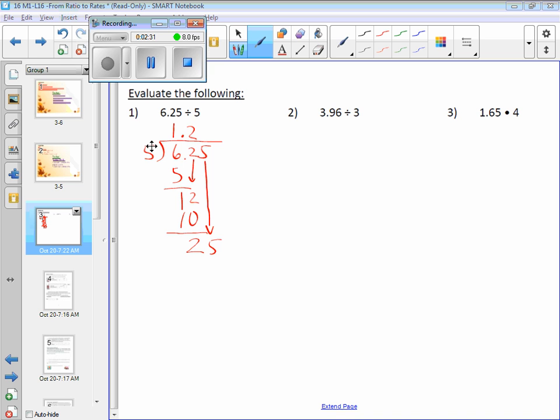What do you think? 5 into 25. What's 5 times 5? Am I done? Yes. I have a 0 as a remainder and nothing but invisible zeros to bring down if I were to bring them down. So I'm done. My answer is 1.25.